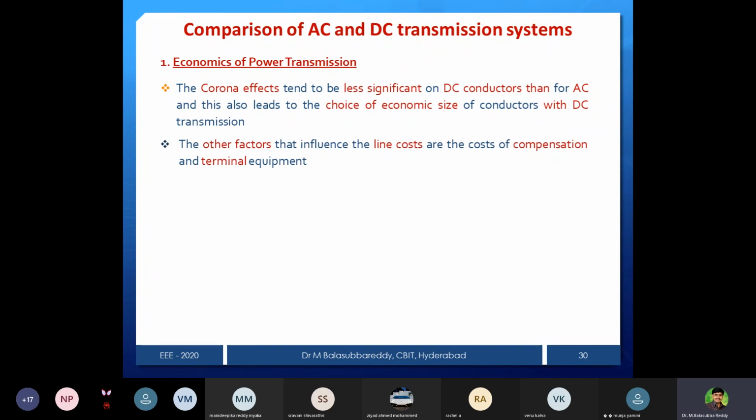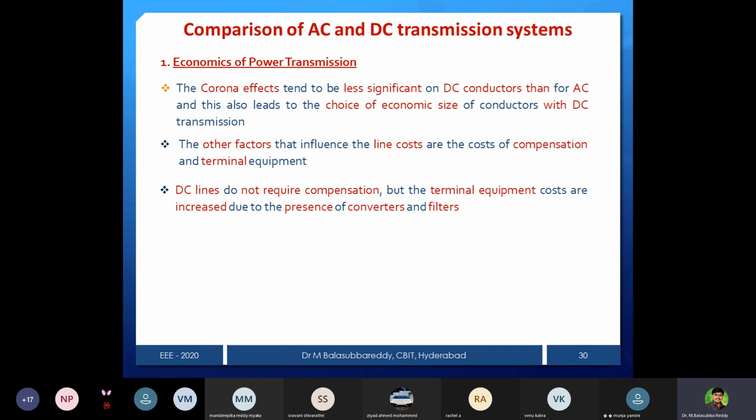The other factors that influence the line costs are the cost of compensation and terminal equipment. Now, one more thing: cost of compensation. In the case of AC, compensation is required, whereas in the case of DC, compensation is not required, so that also influences the cost. DC lines do not require reactive power compensation based on line loading.